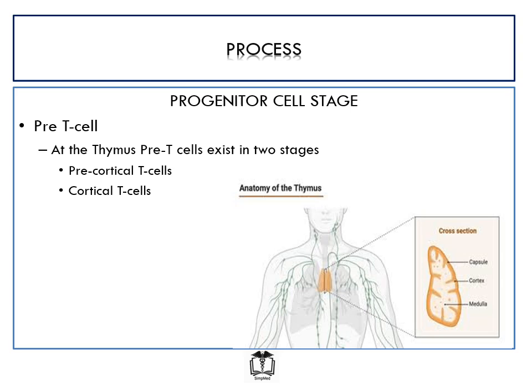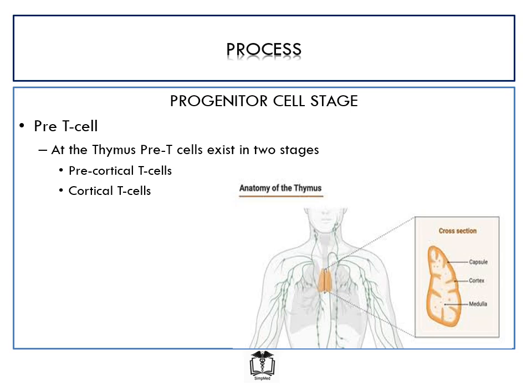So at the thymus, the pre-T cell tends to exist in two major stages or forms. This depends on where exactly they are found within the thymus. The thymus tends to be divided into three major parts. We have the capsule of the thymus, followed by the cortex of the thymus, shown here in dark colors, and then at the middle of this pale area is called the medulla of the thymus.